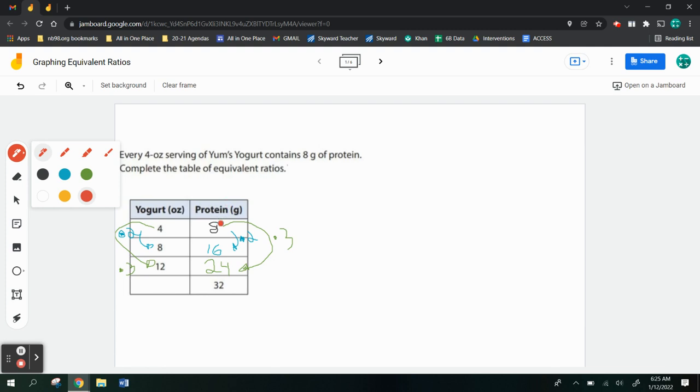And then the last one, now I have to look on this side because this side is the side that has the number I can use to develop a pattern. How do you go from 8 to 32? That is times 4.